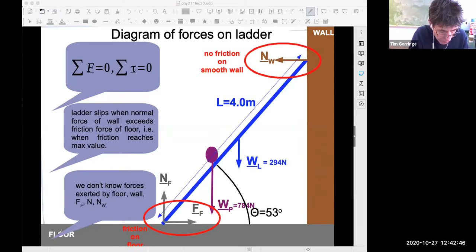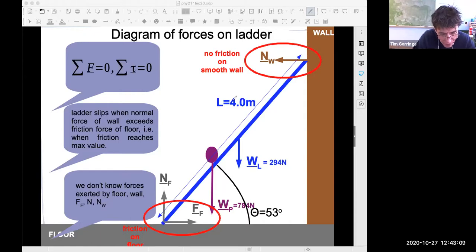Over here at the bottom, you see the floor, or the ground. In blue, you see the ladder. And the ladder here is at 53 degrees to the horizontal. And the ladder is 4 meters long. So it's exactly the conditions of this problem.